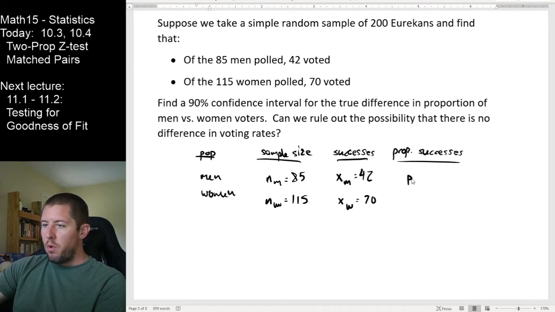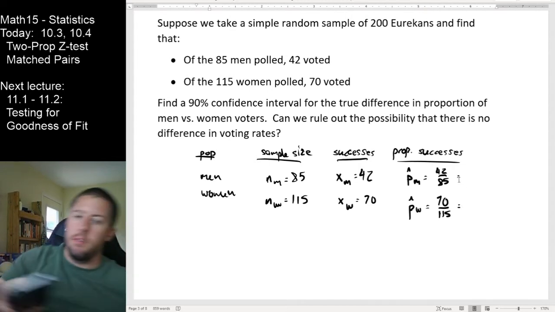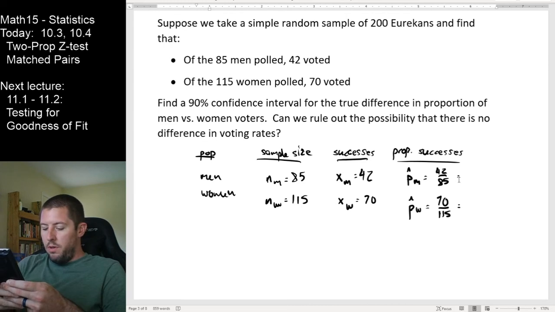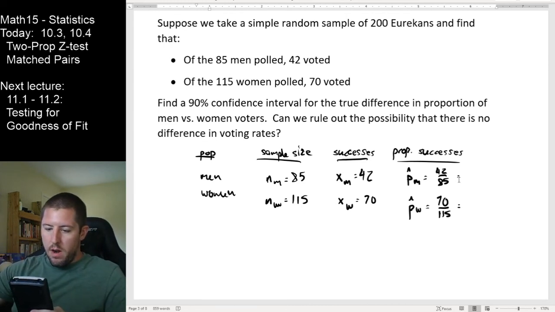Our proportion of successes for men is going to be 42 over 85. We'll get that calculation in a second. And our proportion of successes for women is 70 over 115 here. Let me go to my calculator and compute some decimals for these. 42 divided by 85, I am seeing 0.4941.